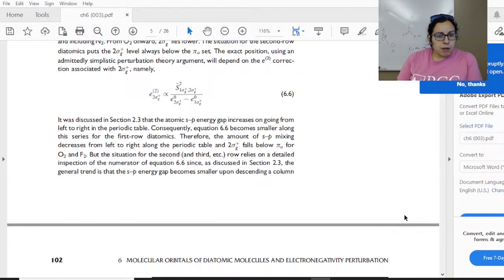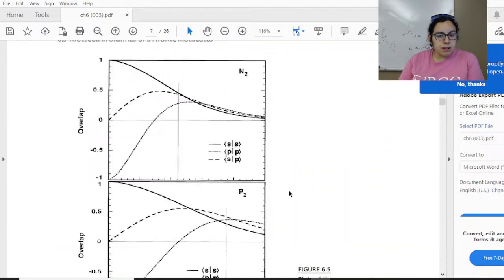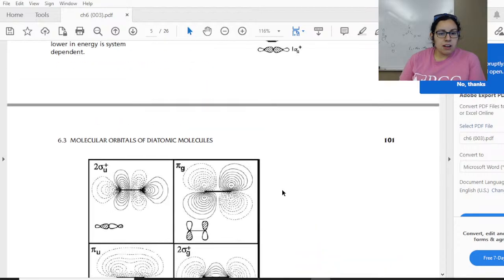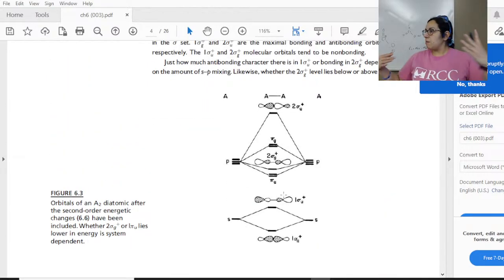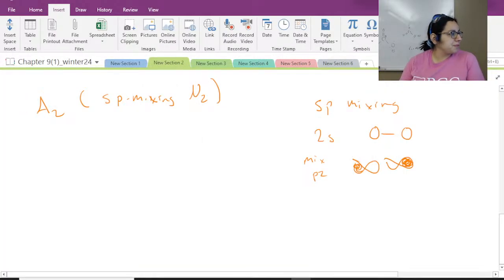It has the same fun pictures and gets into the math a little. But what I want to emphasize is that a lot of this is really just picture mapping and graphing, and it gives us a good understanding of these complex math situations that we otherwise just have to depend on computational chemistry for.